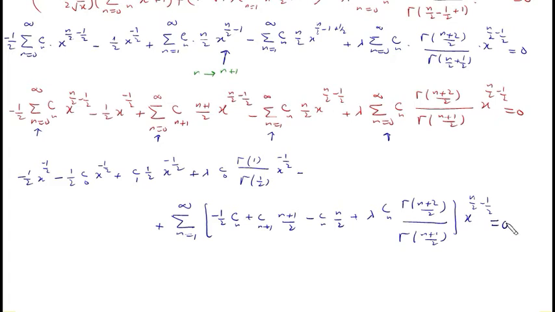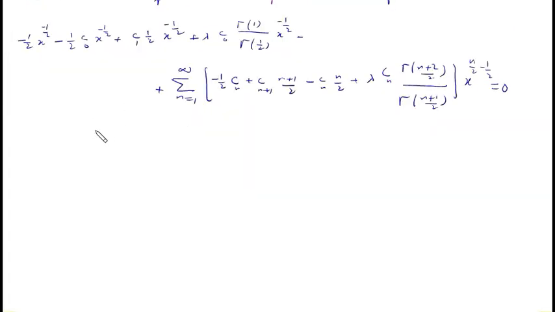and equal to 0. Okay, now I have given initial condition y of 0 is equal to 0, and I have assumed that y of x as summation n0 to infinity cn x to the power n by 2.